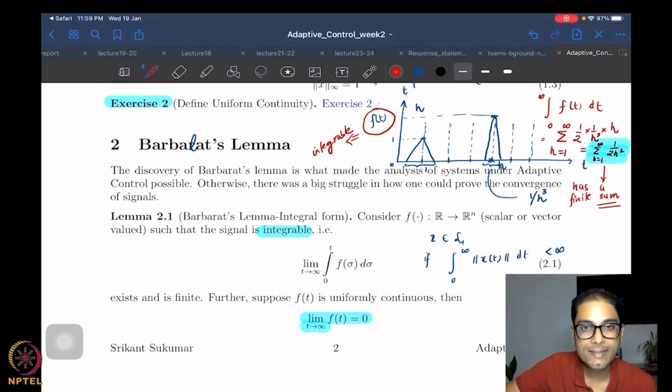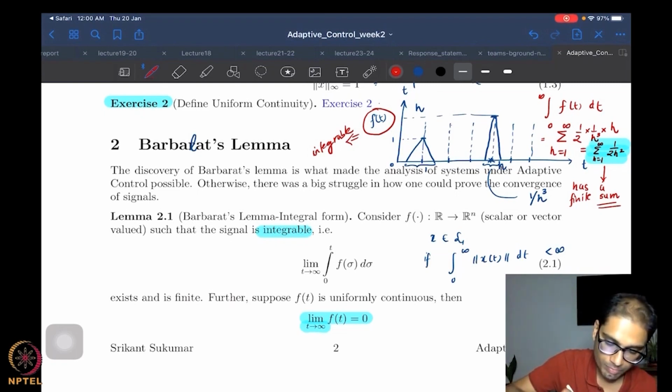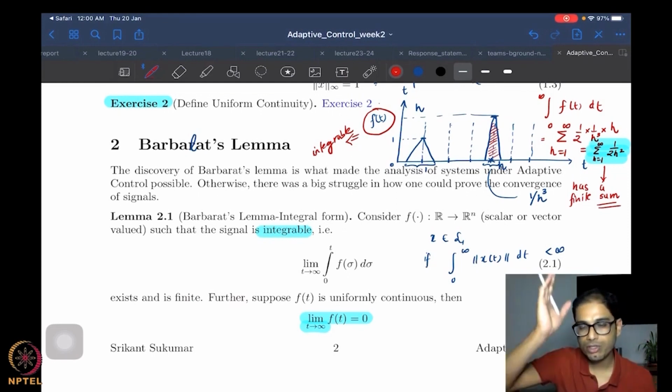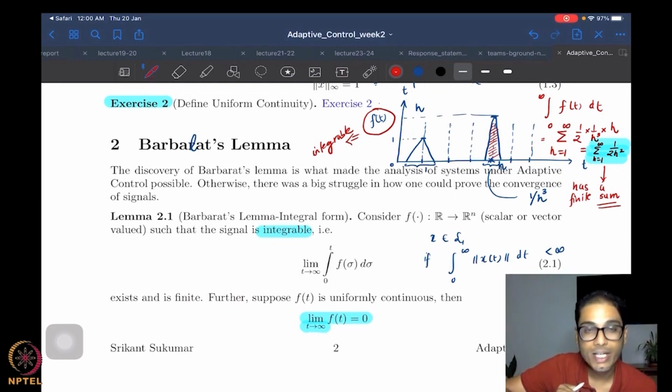But what can I say about its limit as t goes to infinity? Anyone? What is going to be the limit as t goes to infinity? It's amazing. The function has no limit as t goes to infinity, because you're probably lying inside one of these very tall and very thin triangles.